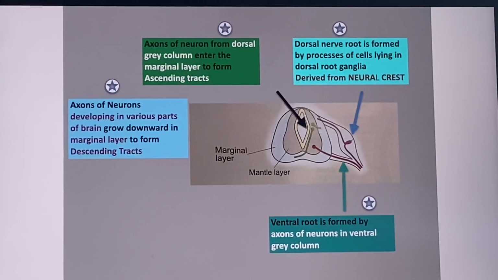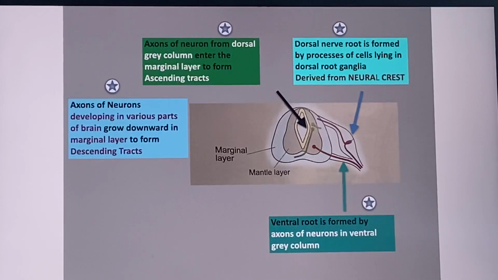That is important. So whatever neurons are lying in the dorsal gray column, they enter into the marginal layer to form the ascending tract. Similarly, the axons of the neurons developing in various parts of the brain grow downward in the marginal layer to form the descending tracts.